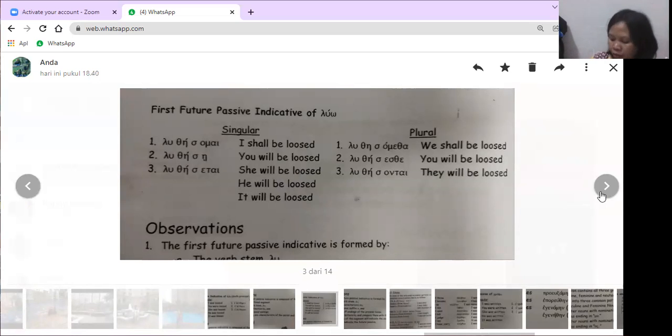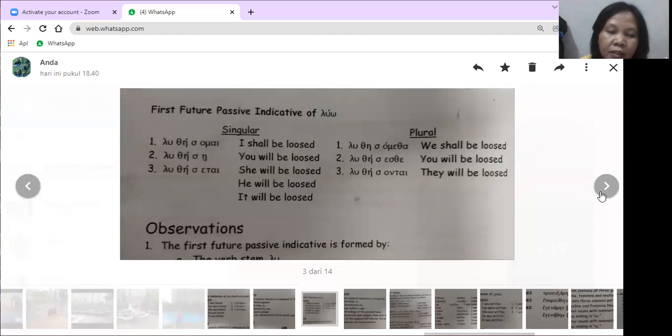And now we go on to the first future passive indicative of luo.